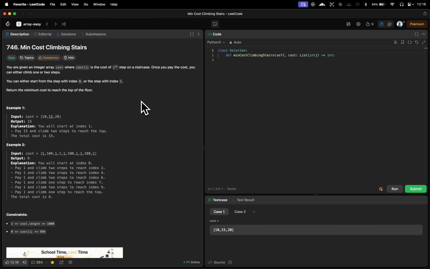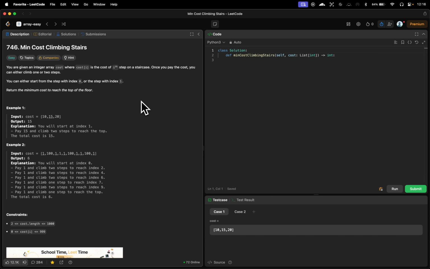Let me reread it, and this is majorly because I don't get much of the question details in my very first read through. So you are given an integer array cost, where cost[i] is the cost of the ith step.